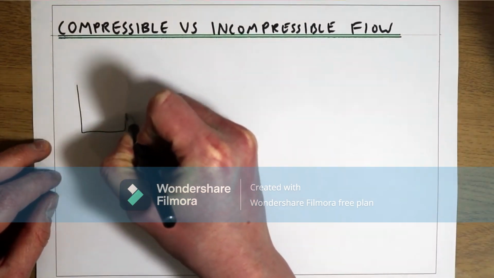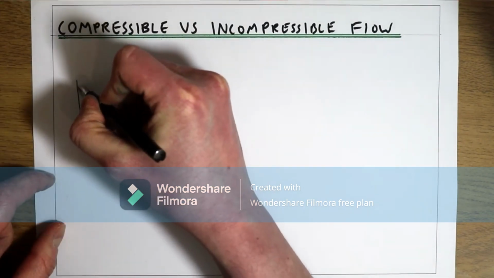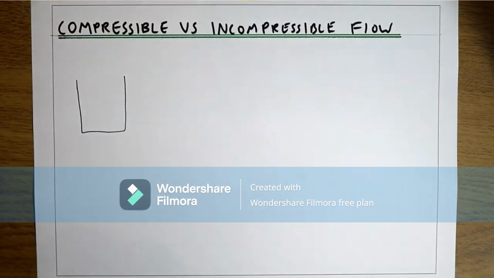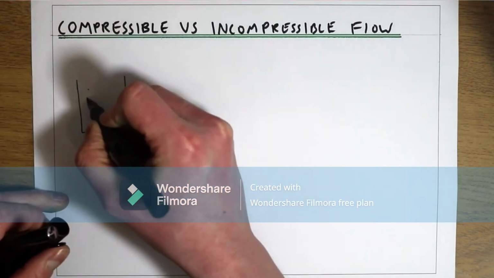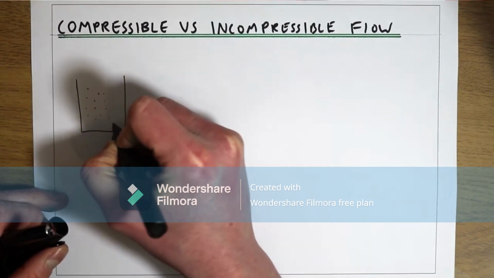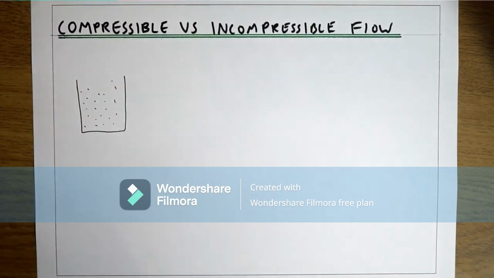So if we've got a compressible fluid, then what that means is we've probably got quite a lot of space between the molecules of that fluid. So if you think about a gas in a container, there's quite a lot of space between the molecules of that gas.